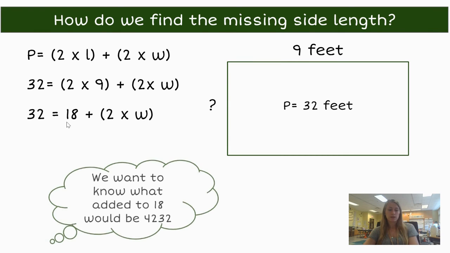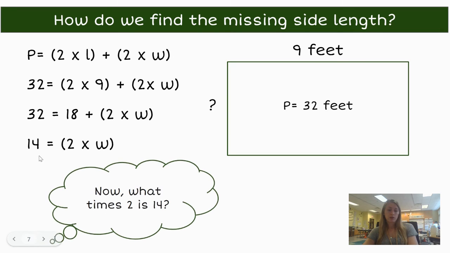So 32 is 18 plus 2 times W. So we want to know what added to 18 would be. So I need to remove 18 from 32. I am left with 14. 14 would be these 2 sides added together, because that's what's left, which divided into 2 would be 7. So I know that this is 7.